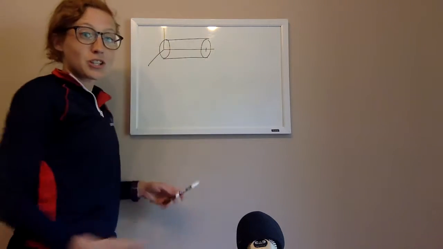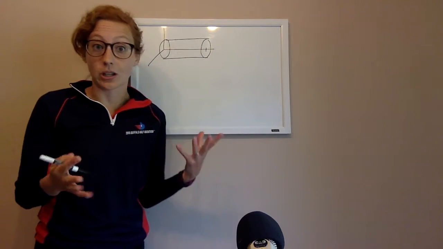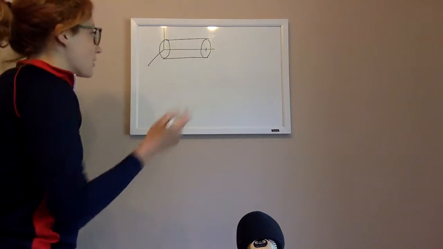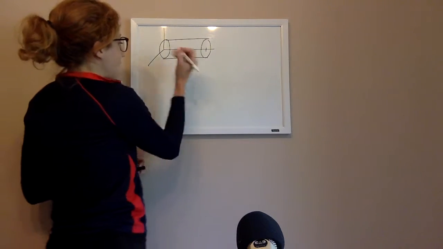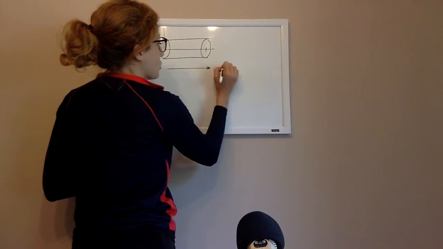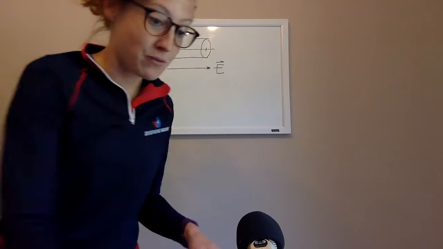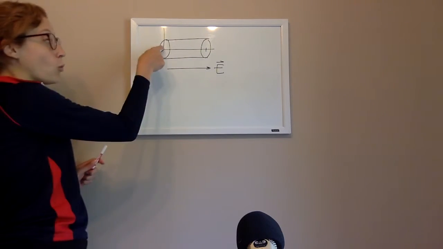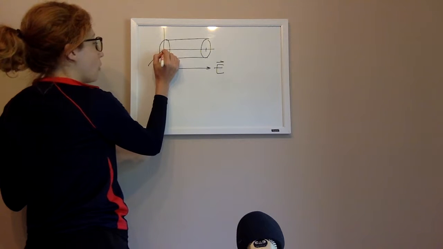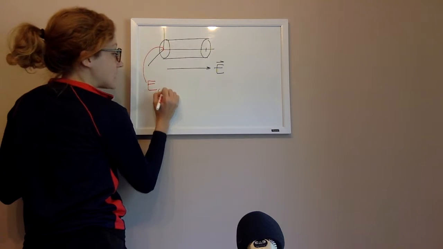So here's the situation. They give you some sort of a cylinder, they tell you it has some charge inside of it, and they're looking for the charge inside. Usually they'll give you some indication of what's going on with the E field here. So in this case, let's say that the E field is going to the right. And let's suppose that they give you a couple different values of the E field, which is a little bit strange to think about. But suppose that the E field on one side of this cylinder, all the way over here, I'll call this E0.